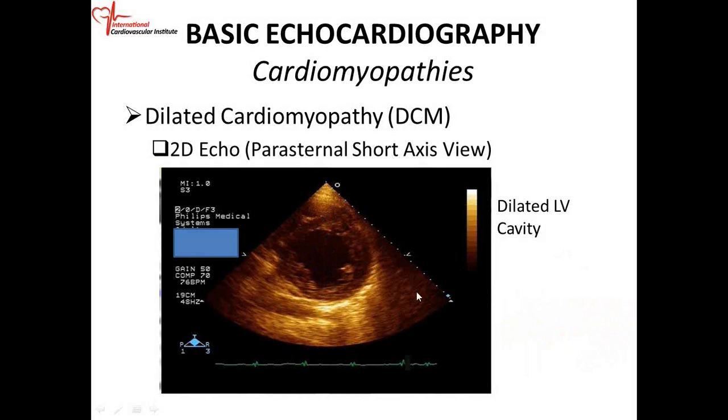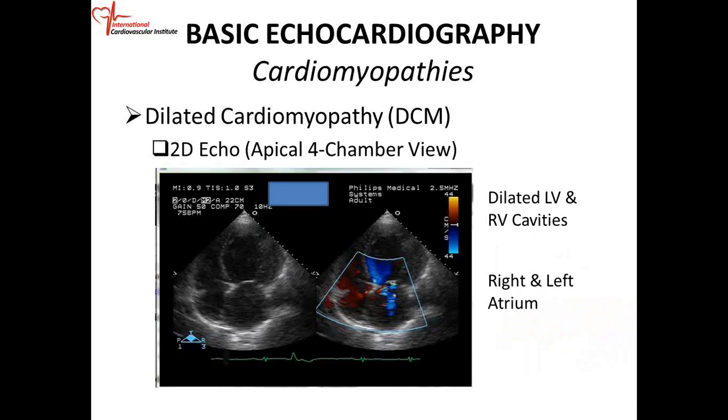In your measurements, you will see that. All right. And when you look at your apical four-chamber view, again, you'll see that the chambers are dilated, and you have to look for apical thrombus. The thrombus, a blood clot, is going to be in the apex. Remember that these clots can break off and travel and give you a stroke.